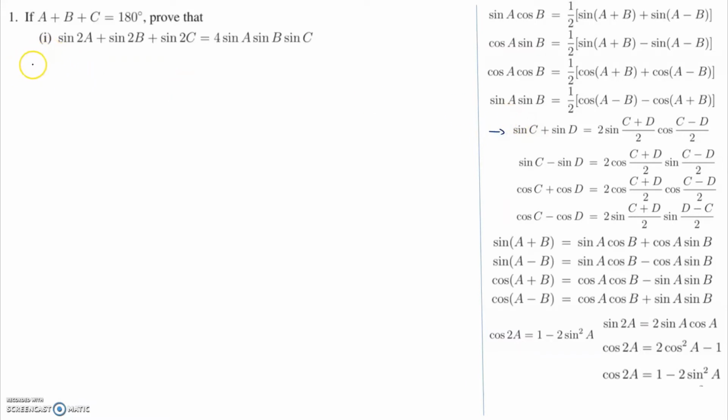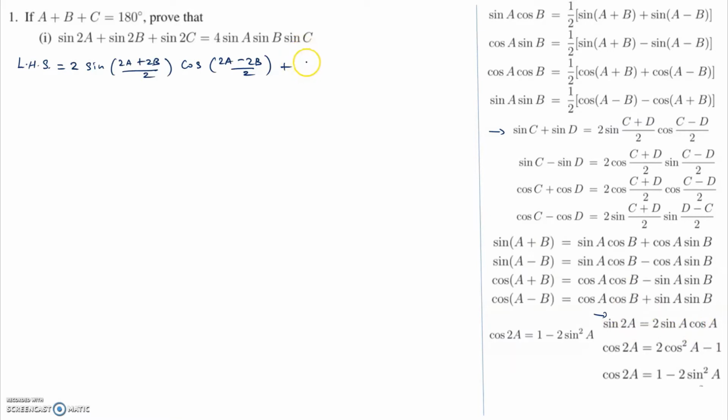So the LHS will become, replacing sine 2a plus sine 2b using this formula, 2 times sine of (2a plus 2b) divided by 2 into cos of (2a minus 2b) divided by 2, and let's replace sine 2c with this formula here, which is sine 2a is equal to 2 sine a cos a.